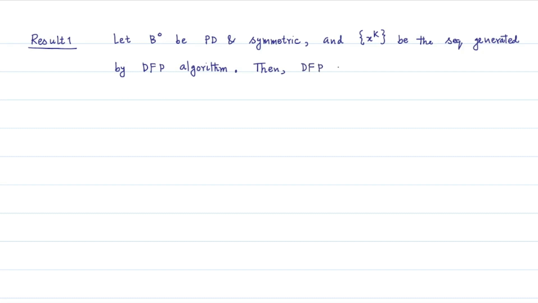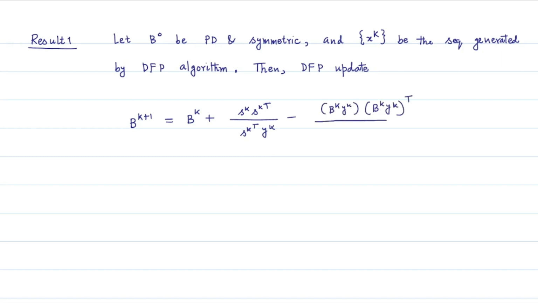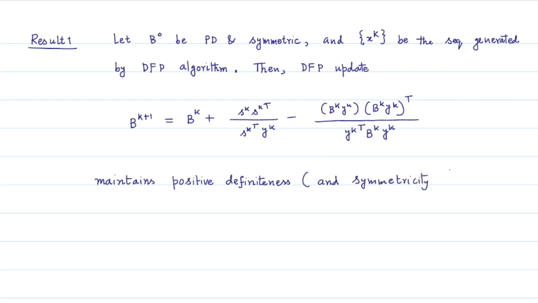Then the DFP update Bk+1, this expression, maintains positive definiteness and also symmetry, provided the curvature condition sk transpose yk greater than 0 is satisfied.